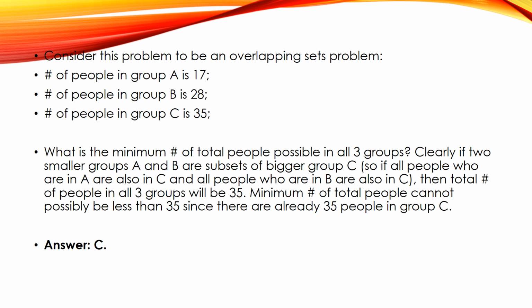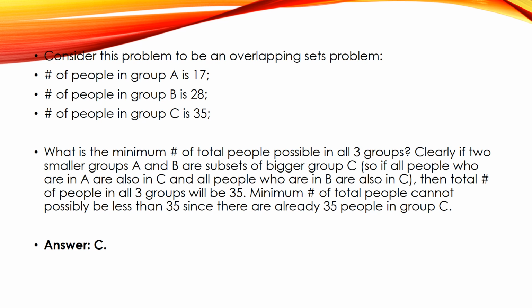Clearly, if the 2 smaller groups A and B are subsets of the bigger group C, so if all people who are in A are also in C and all people who are in B are also in C, then the total number of people in all 3 groups will be 35.